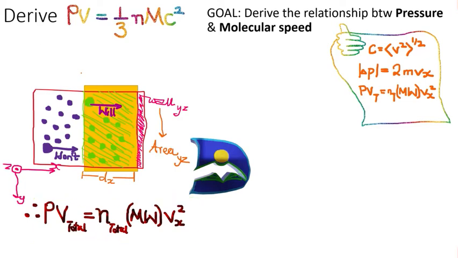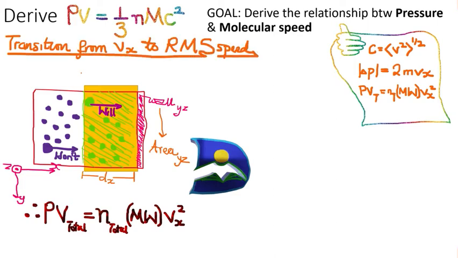So therefore, in order to get the molecular speed, we need to perform the root mean square speeds of all the molecules in that particular container.